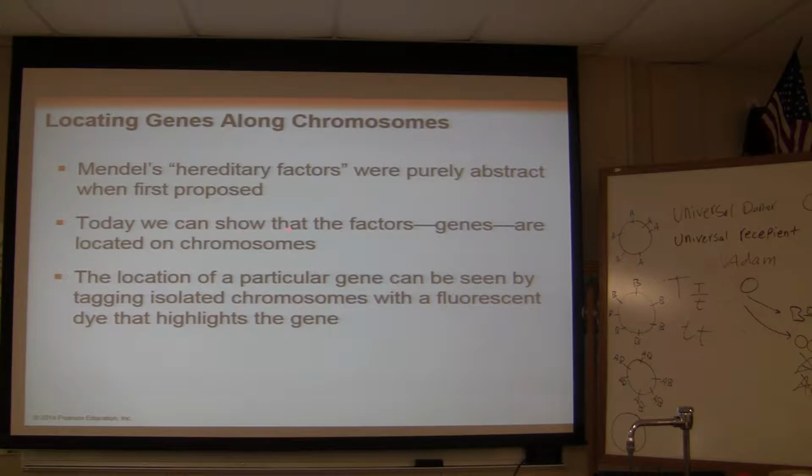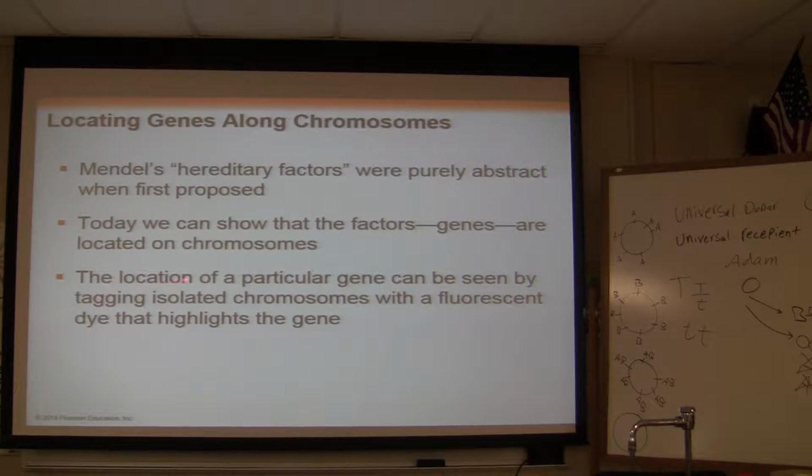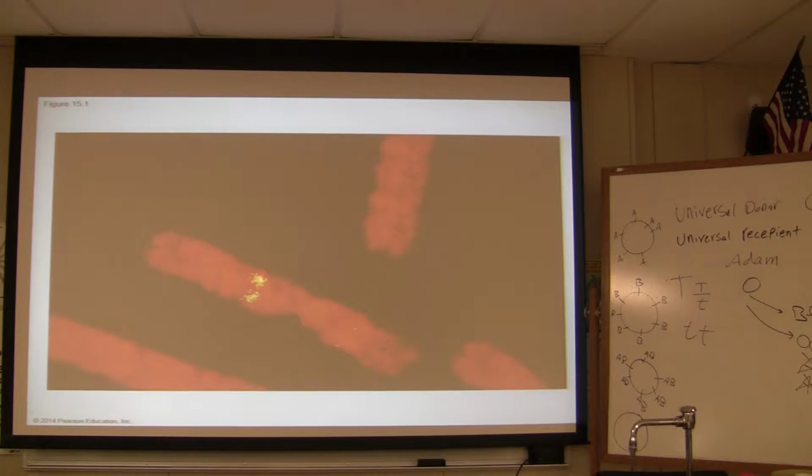Today we can show that the factors, genes, are located on chromosomes. The location of a particular gene can be seen by tagging isolated chromosomes with a fluorescent dye that highlights the gene. Here it is. This is a chromosome, as you all know, and right here they tagged it, and you can see that gene on that chromosome.